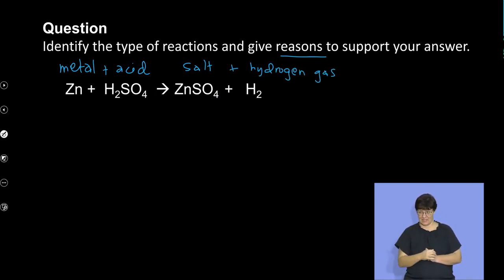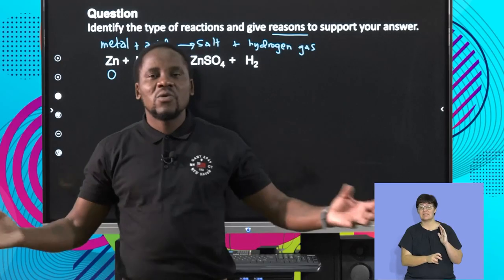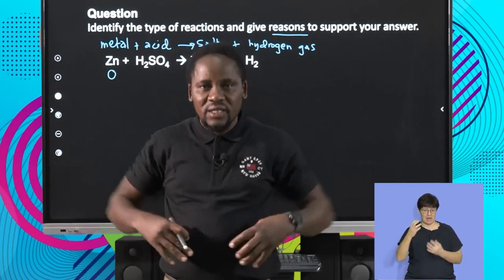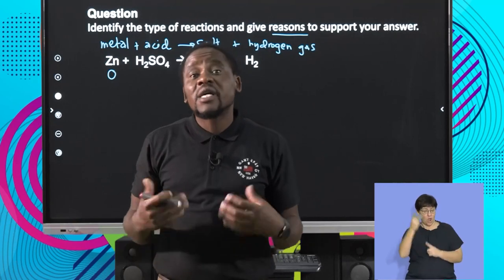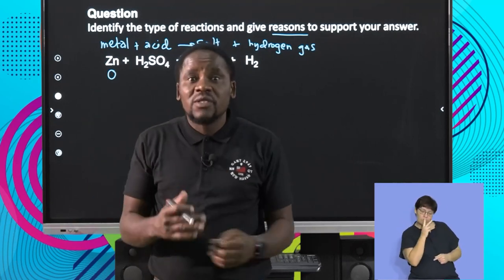But what is important here is that we also need to keep track of the changes in the oxidation numbers of these substances, right? So what are we saying here? We are looking at zinc. Its oxidation number is 0. Now we're going to apply the rules of assigning oxidation numbers. There's a whole lot of knowledge that we have gained that we need to bring to the fore and apply so that we make sense of this scenario, right?